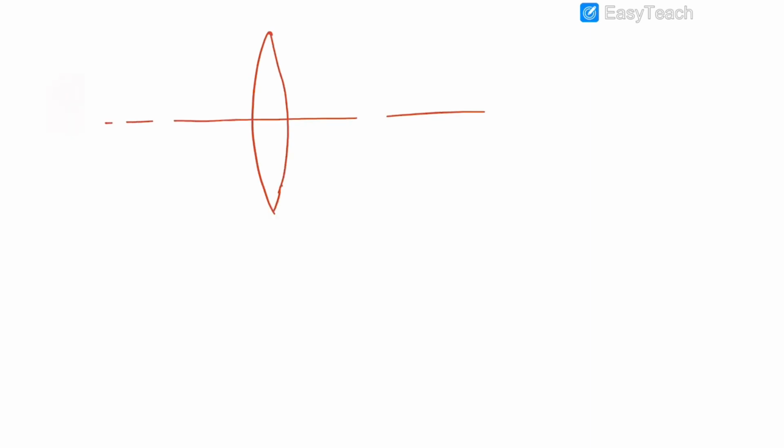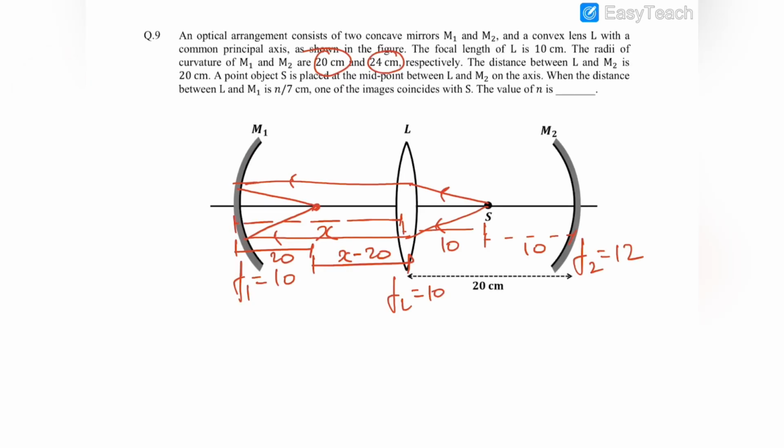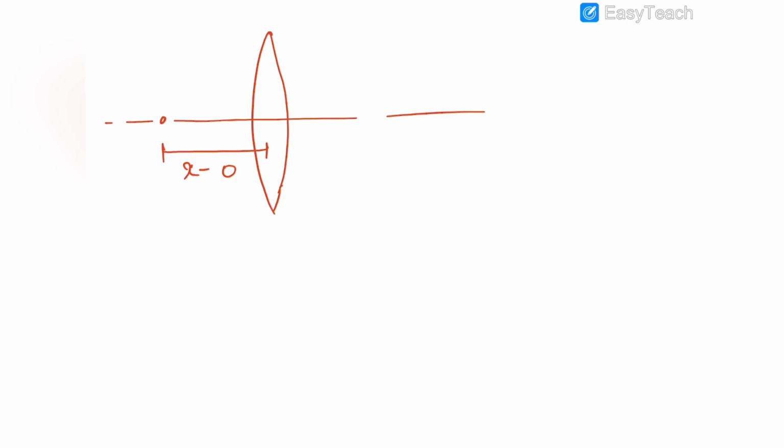The object is now at a distance of x minus 20 from this lens, and this object cannot have its image at a distance of 10 from this lens, because the focal length of this lens is 10, and for an image to be formed 10 behind the lens, it is necessary that rays should be coming from infinity. So it is not possible that these rays would be converging on this point.